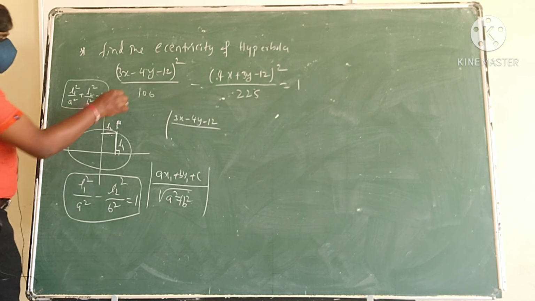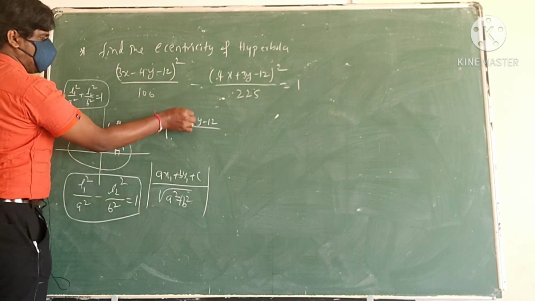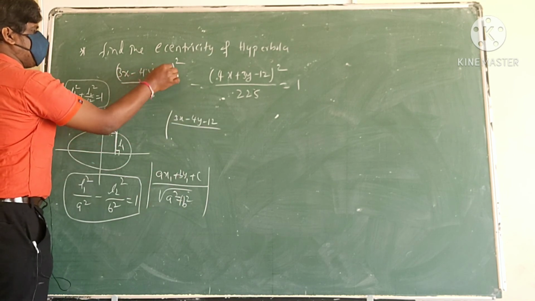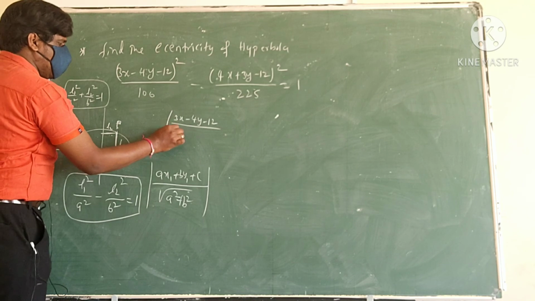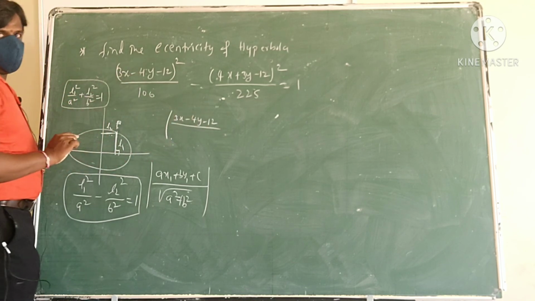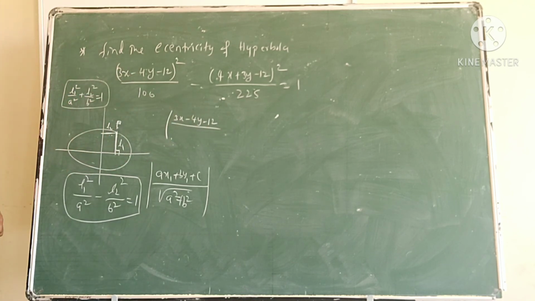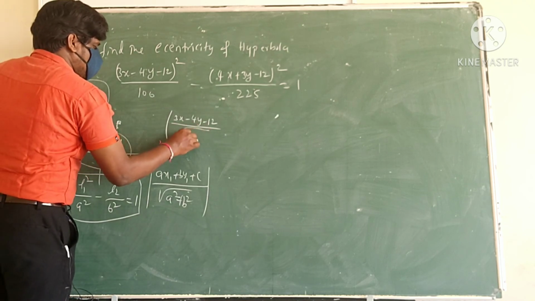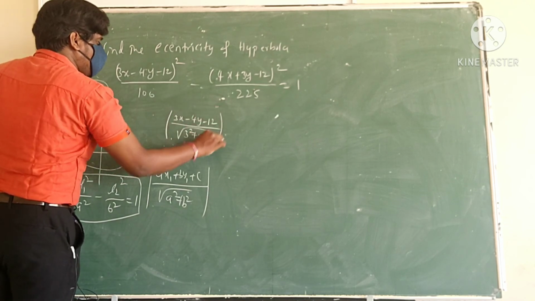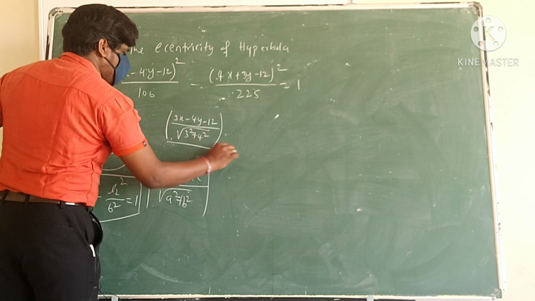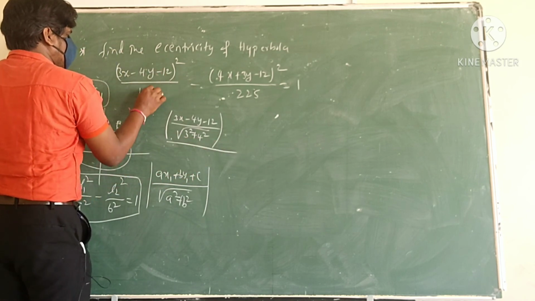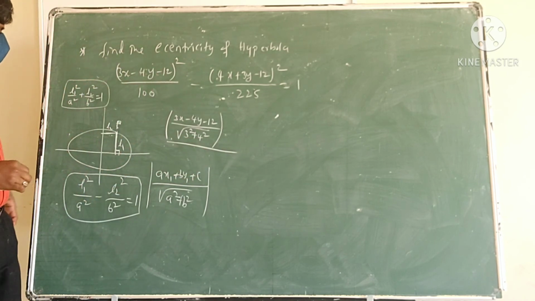If I use this formula here, for 3x minus 4y minus 12 divided by what should it be? Under root of 3 square plus 4 square. This is the format which is given. But down there it is 100 given. So how much is this value?